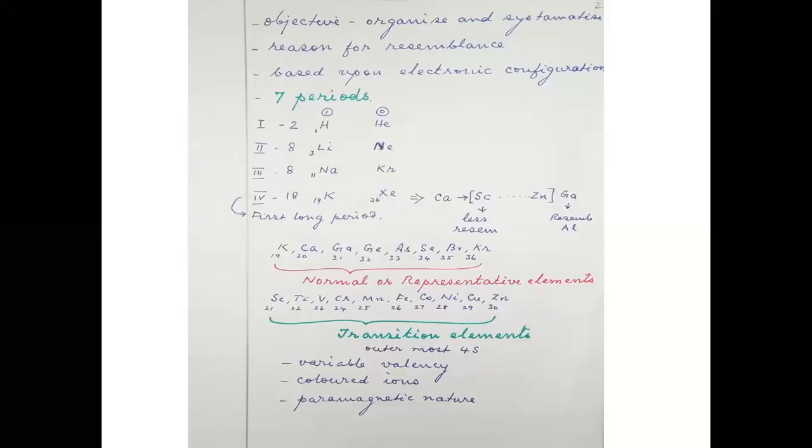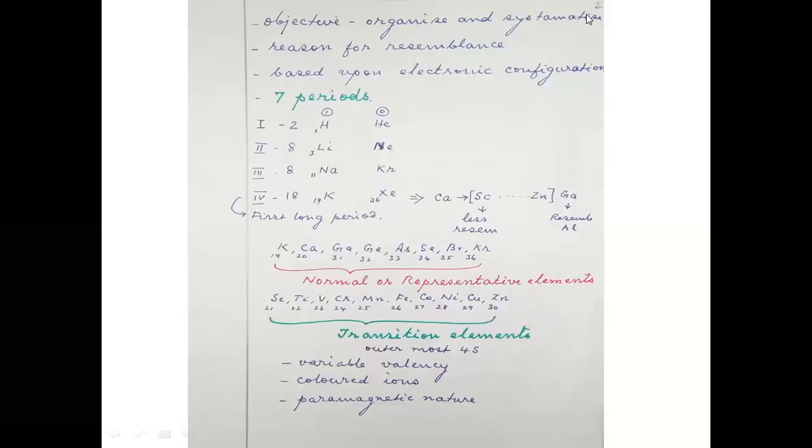You know, the d orbitals are non-degenerate. These are all very important ideas. Non-degenerate means, you should know what degeneracy is. Degeneracy means two or more orbitals in the same energy level. If you take p orbitals, they are degenerate. All the 3 p orbitals are of equal energy.